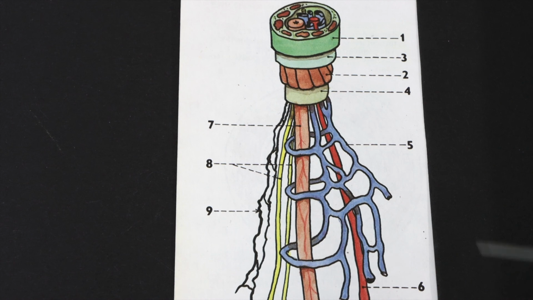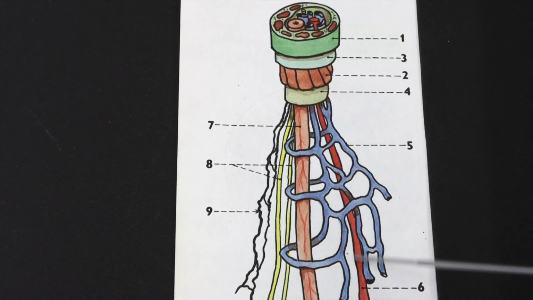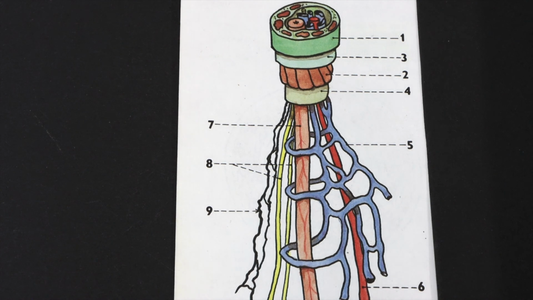Another component of the spermatic cord is the testicular artery. This is the testicular artery that we already mentioned arises from the abdominal aorta, from both sides, and the synonym of this artery in female is the ovarian artery.